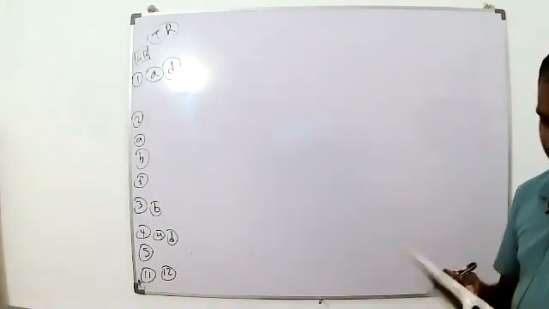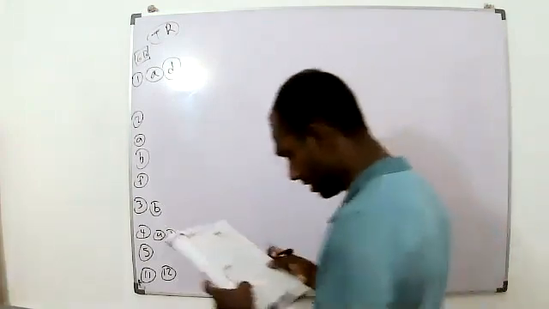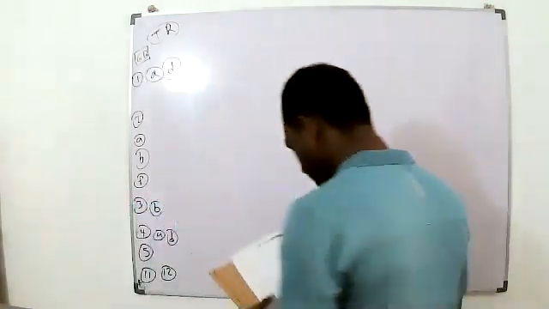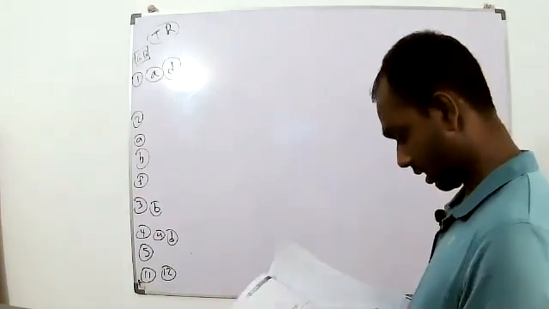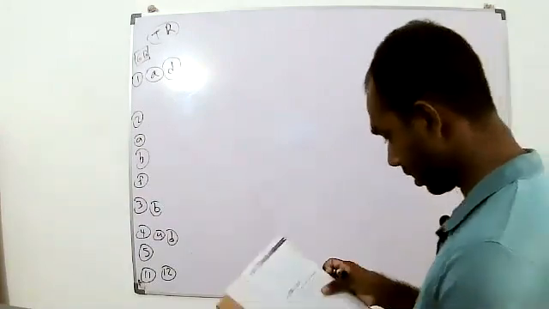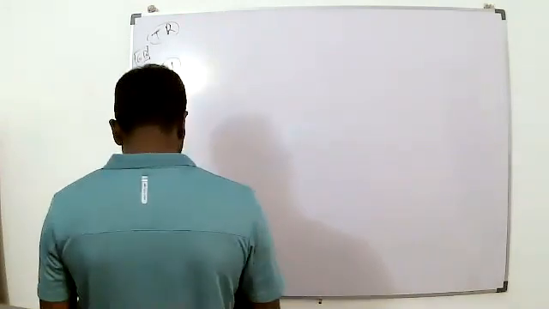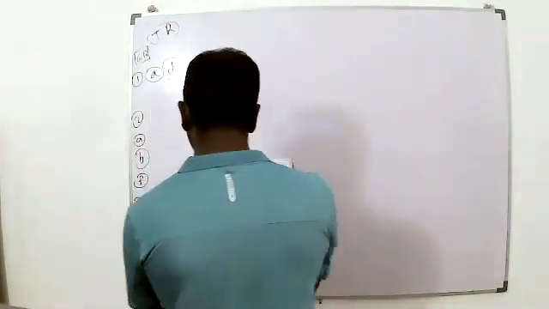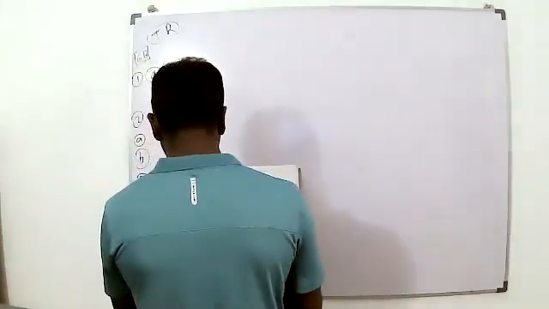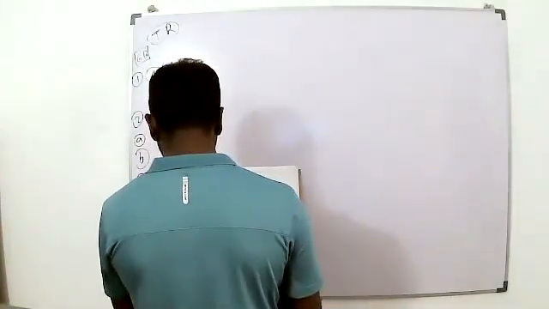Okay, anyway, question number 1, A and D. In each of the parts A to D, the given values refer to the general triangle ABC.